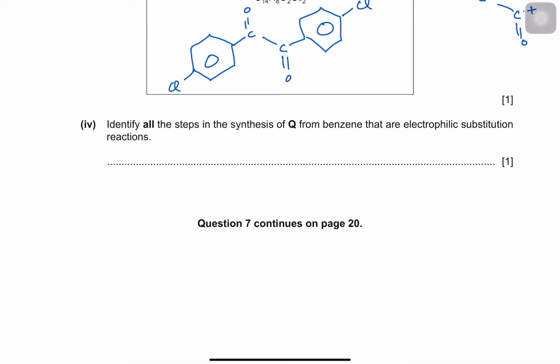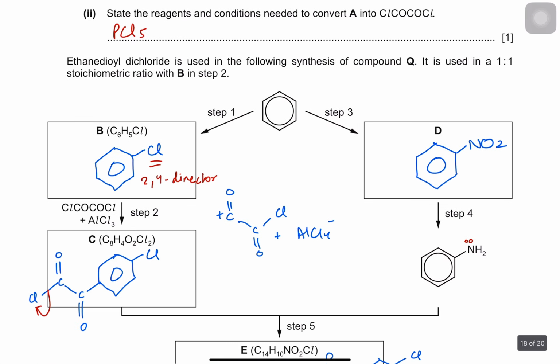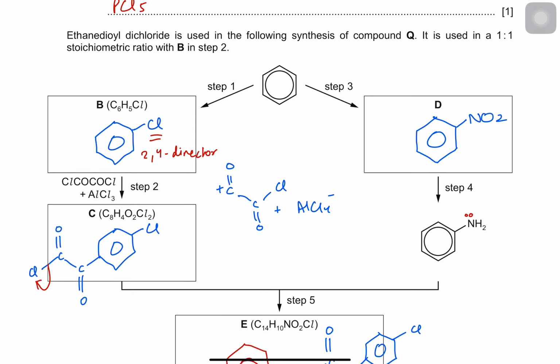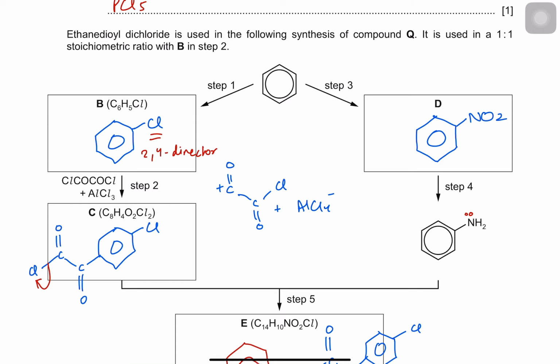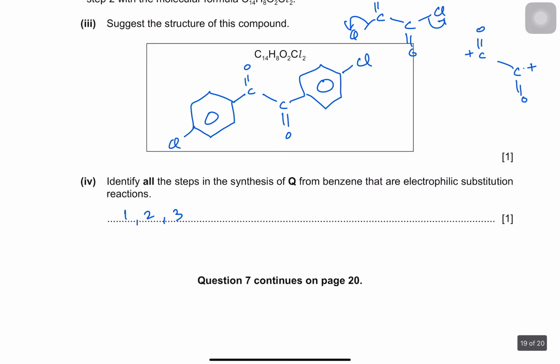Identify all the steps in synthesis of Q from benzene that are electrophilic substitution reactions. We have seen that 1 was substitution, 3 was substitution for sure, and when I look at the other steps, 2 was also a kind of substitution. They didn't say so, but it is right: 1, 2 and 3. The rest were reductions.